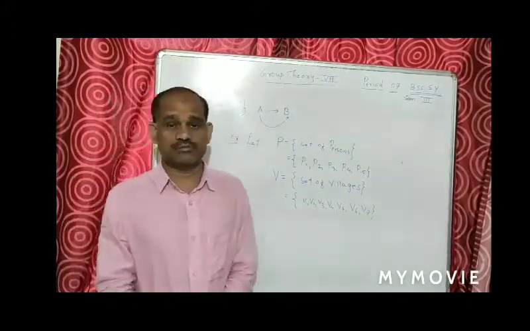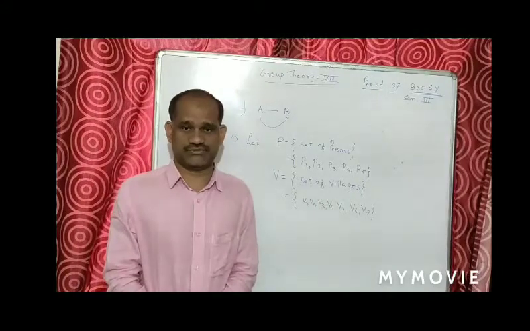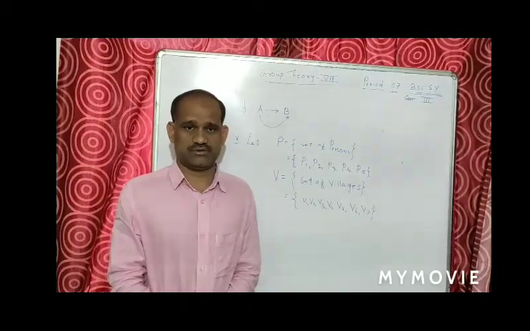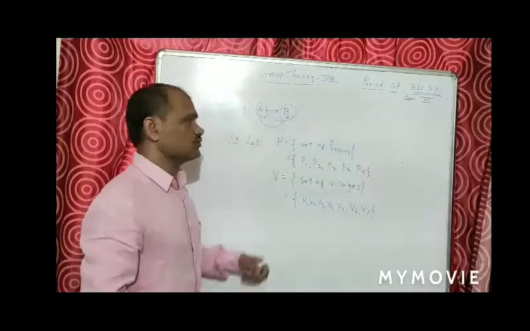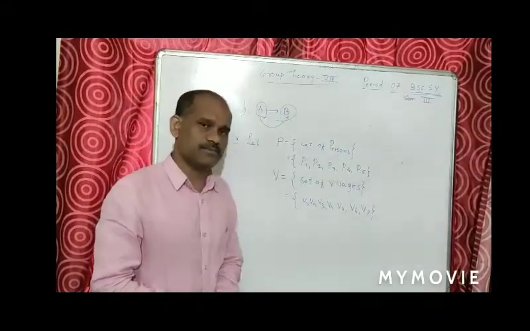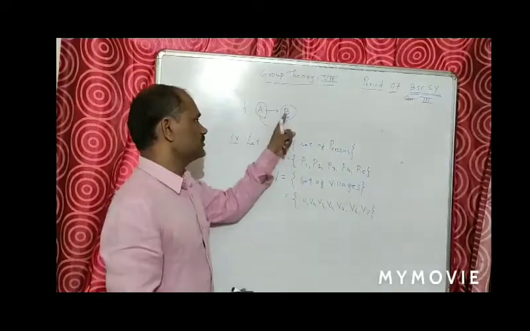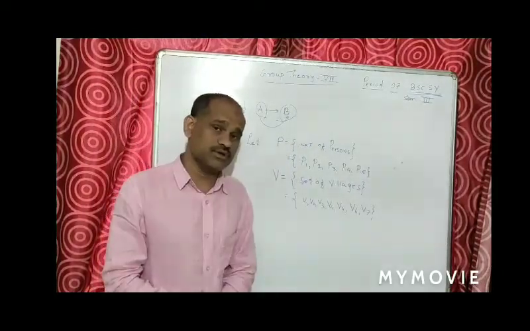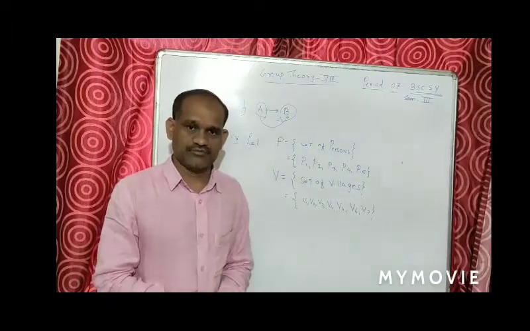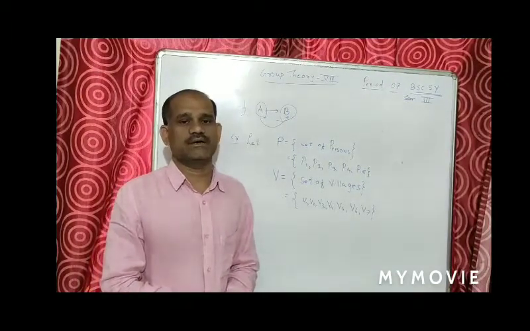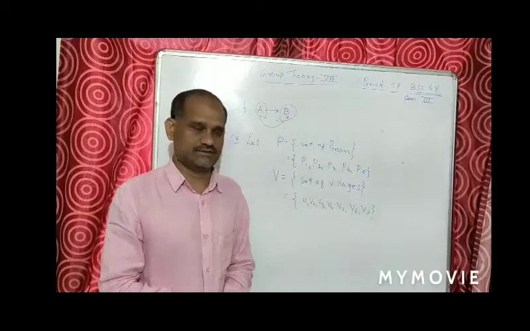So P is the set of persons and V is the set of villages. Here, in A to B, in place of A I have taken P and in place of B we have taken V. So P indicates persons, V indicates villages.